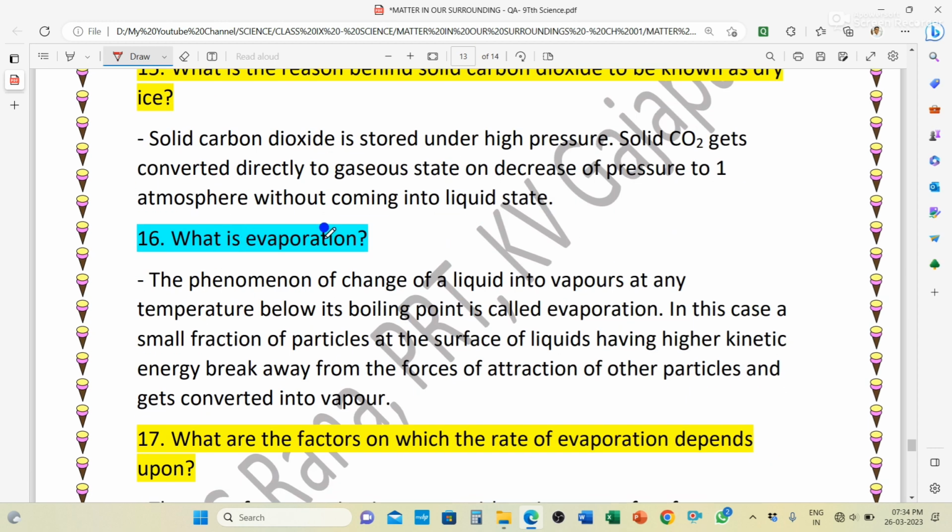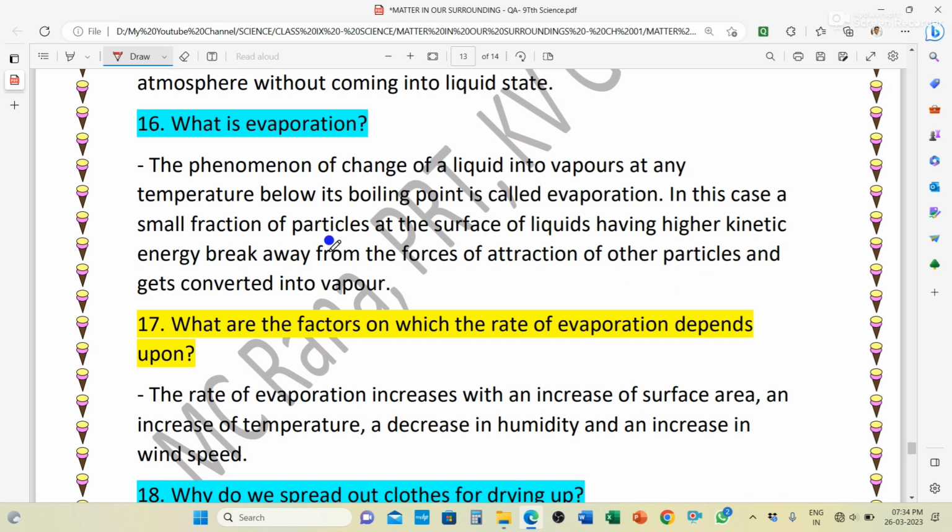What is evaporation? The phenomenon of change of a liquid into vapors at any temperature below its boiling point is called evaporation. In this case, a small fraction of particles at the surface of liquids having higher kinetic energy break away from the force of attraction of other particles and get converted into vapor. Evaporation is a surface phenomenon.